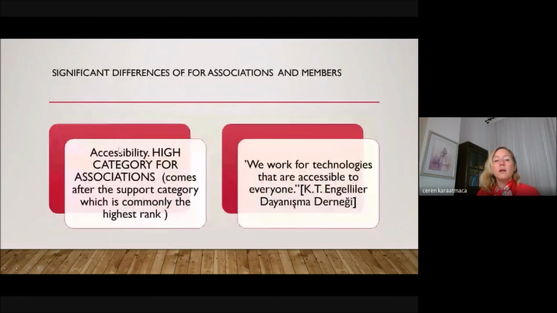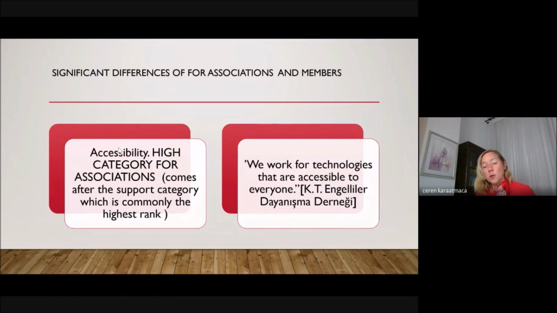And when we checked the differences for associations and the members, the main difference, first of all, is accessibility. And this was a high category for associations, coming after the sport category, which was commonly the highest rank for the associations.